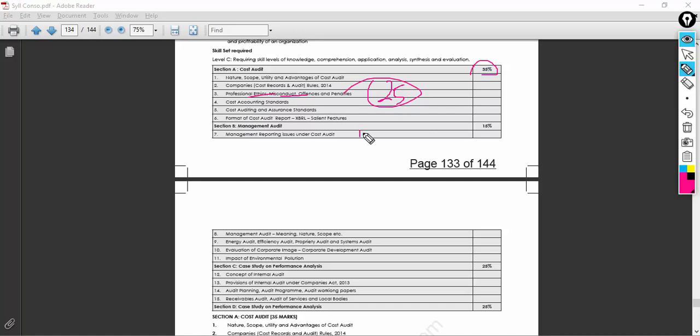So in the management, I'm expecting just 10%, I mean 10 marks. In the case study on the performance analysis, I'm expecting 20 marks. Again in the case study, I'm expecting, or I'll go to the worst number, 15 marks. The reason why I took 20 here is because you might have studied all those things here and there in your previous intermediate level.